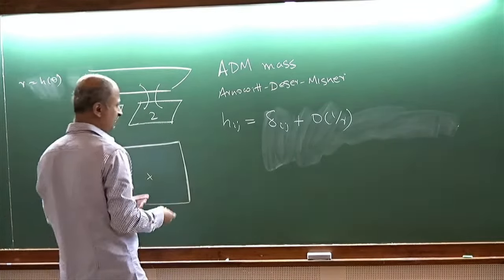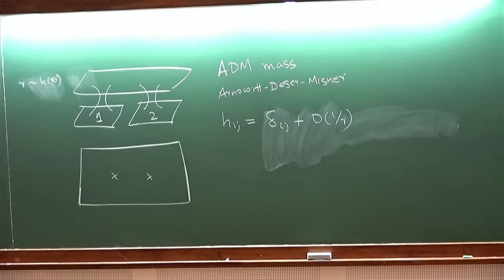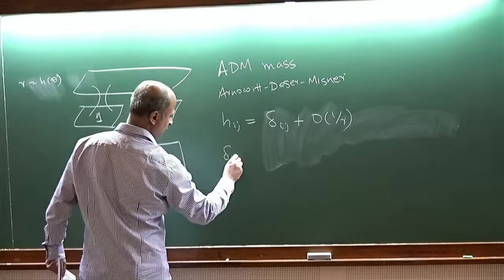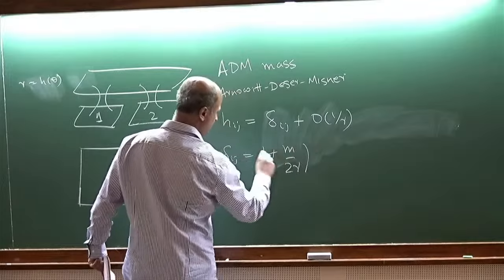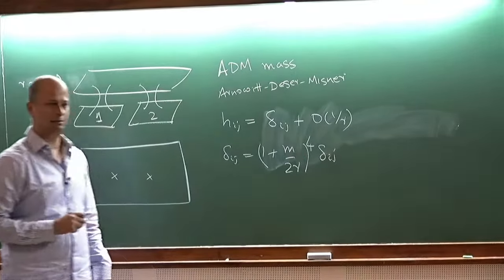And we see already in our particular case, and you can also see that from the Schwarzschild metric itself, that this metric we saw in the isotropic coordinates was (1 plus m upon 2r) to the power 4 times delta ij, right?